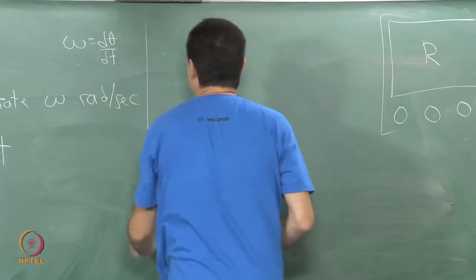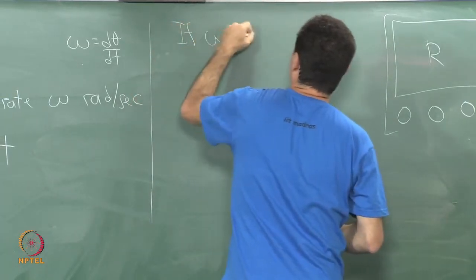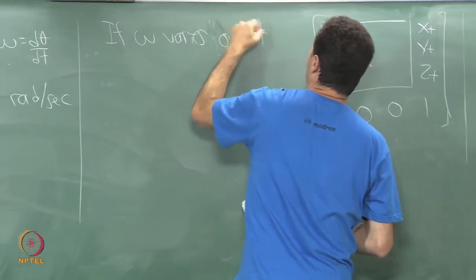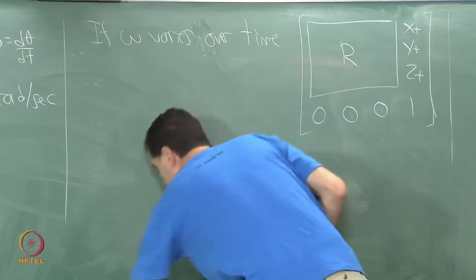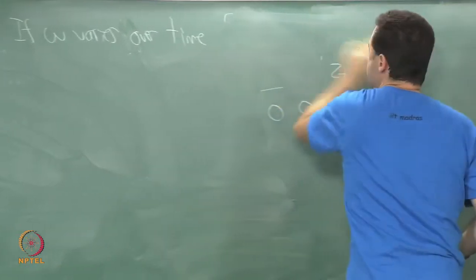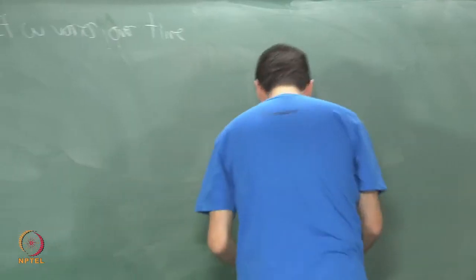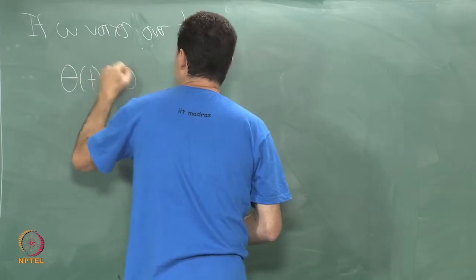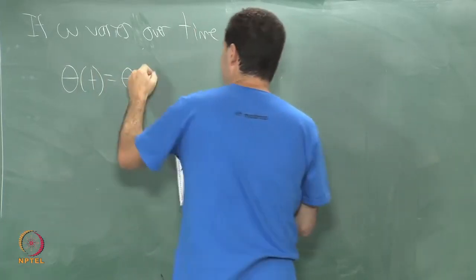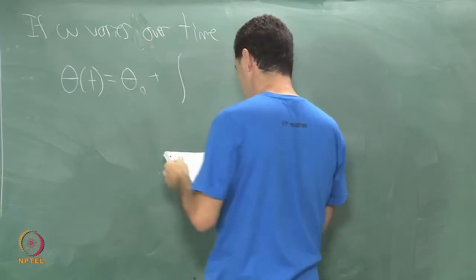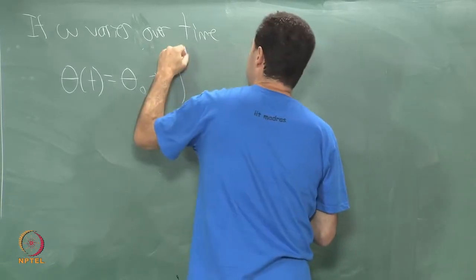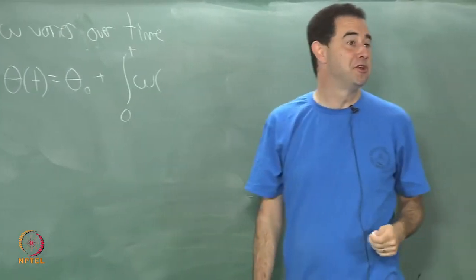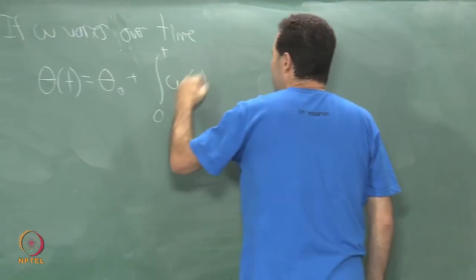Now what if omega varies over time? Then theta of t is just theta 0 plus the integral from 0 to time t of omega of, I don't want to put a t inside of here because it's an integral, so give some other parameter s ds, right.